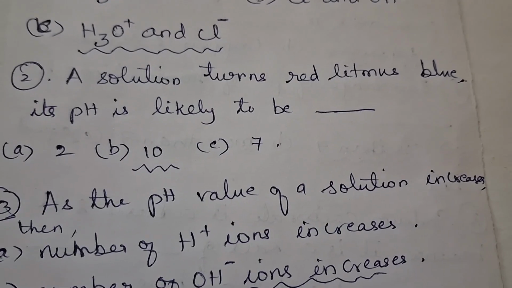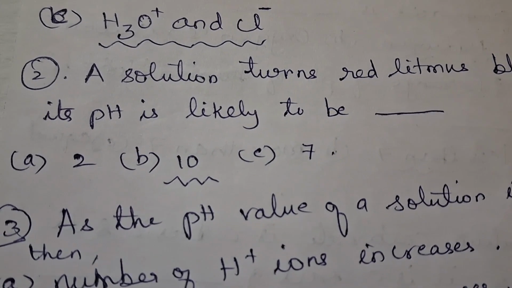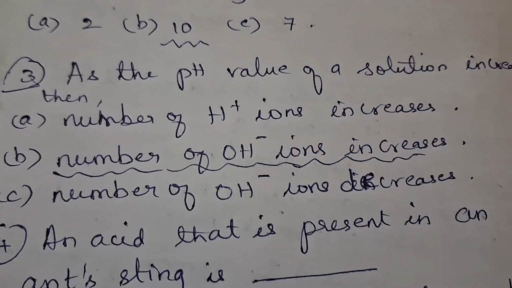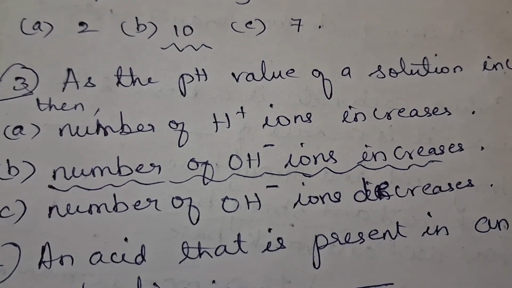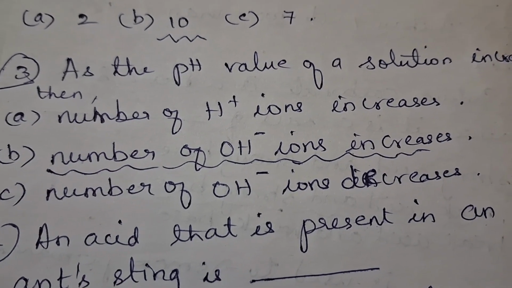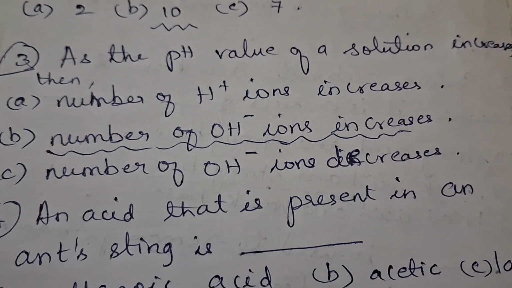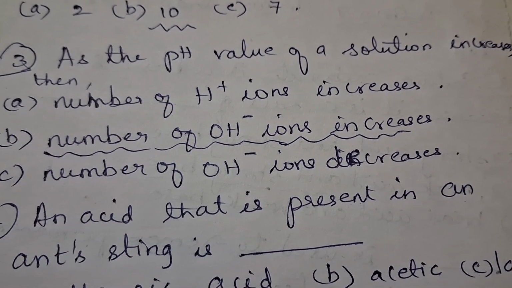A solution turns red litmus blue. Its pH is likely to be 2, 10 or 7. So the answer is 10. Third one: as the pH value of a solution increases, what happens? The number of H plus ions increases, the number of OH minus ions increases, or the number of OH minus ions decreases.